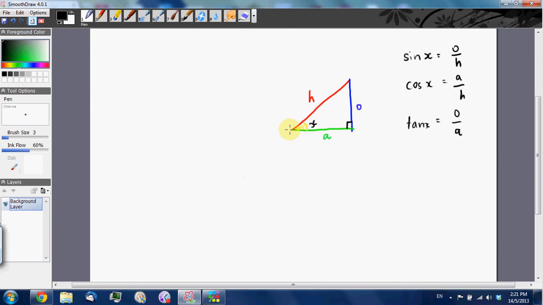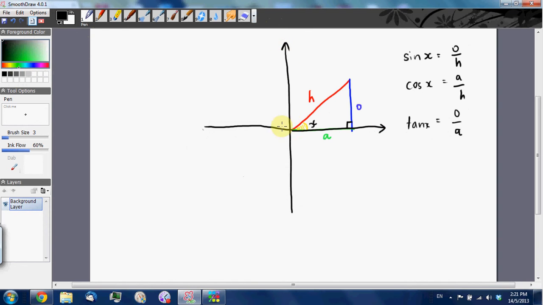To understand what happens when these angles exceed 90 degrees, we can draw a number line. I'll just imagine these lines to be straight.